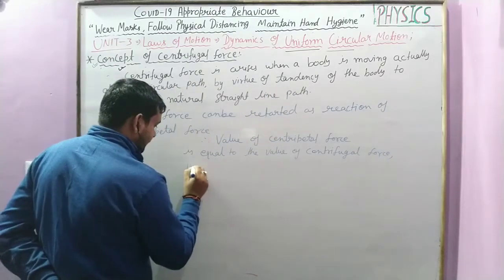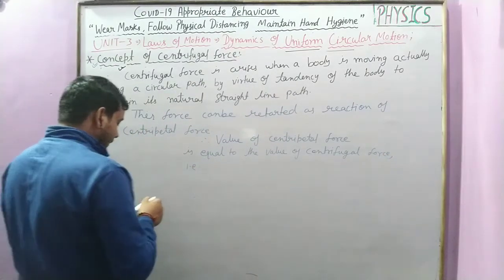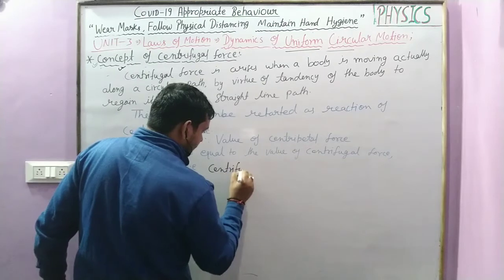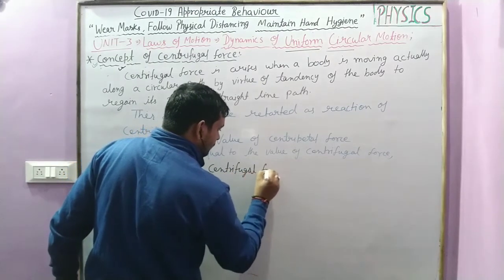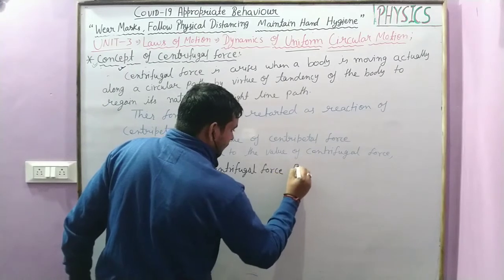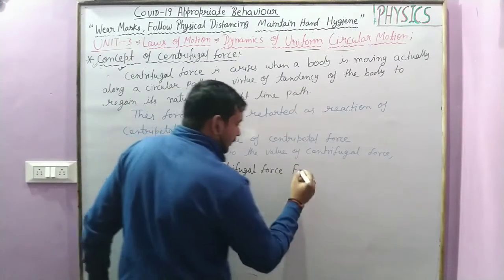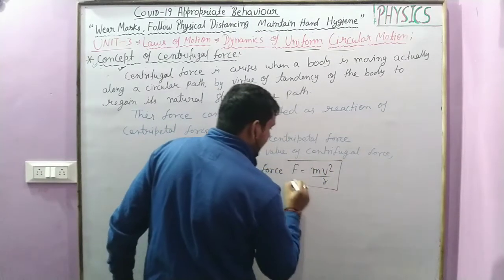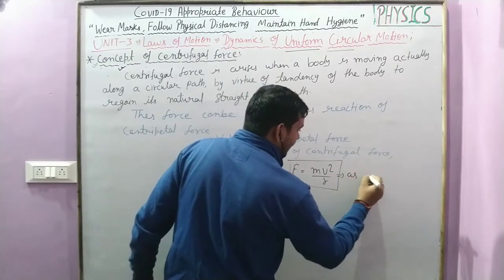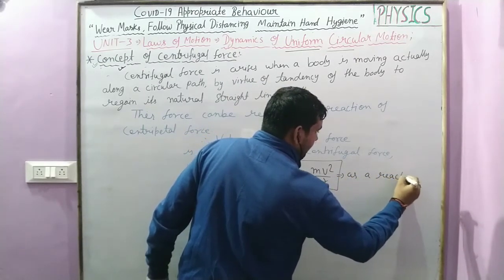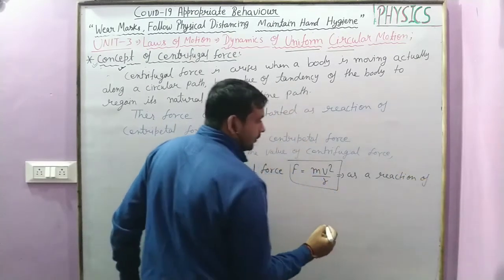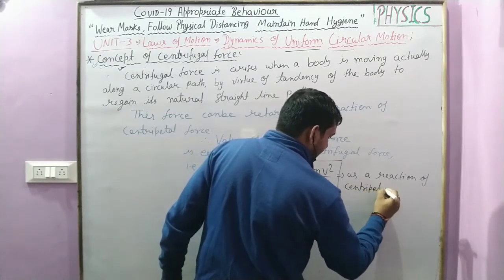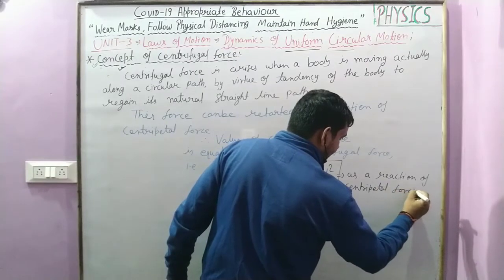That is, centrifugal force F is equal to mv square upon r, as a reaction of centripetal force. Clear?